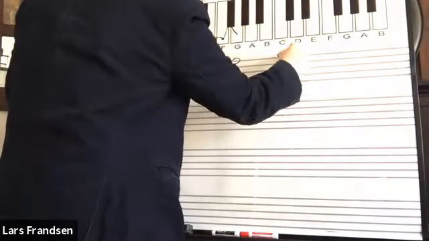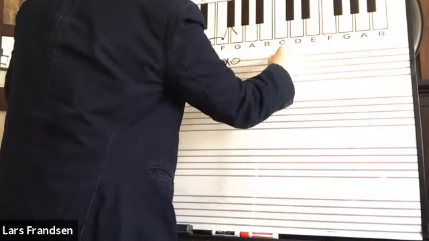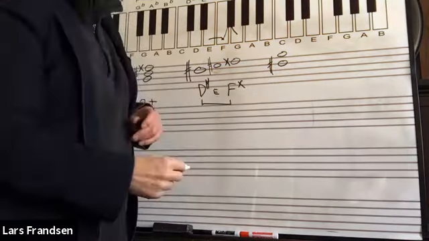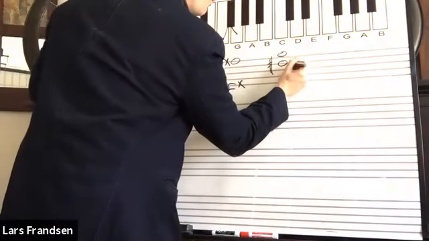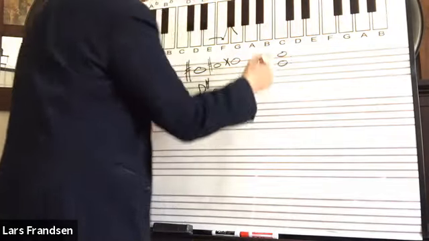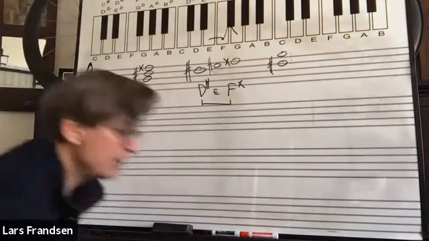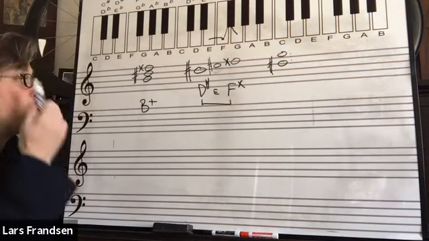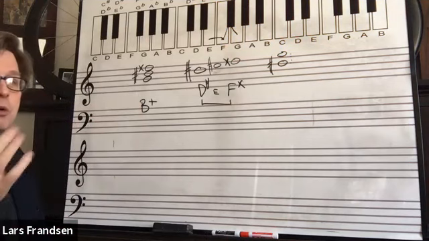If I spell it out like this, you can see that this one here is some type of fourth, right? 1, 2, 3, 4. I understand that sonically speaking, in terms of the way it sounds, it doesn't really matter if we call it F double sharp or we call it G.